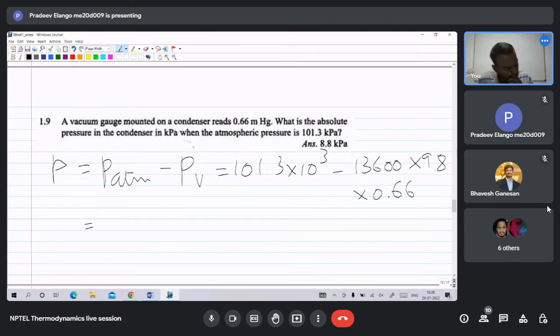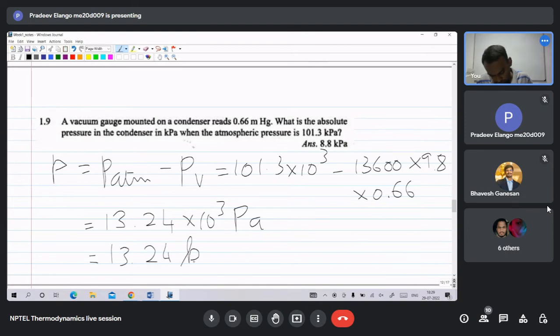So this is 13.24 into 10 power 3 pascals, or 13.24 kilopascal. But I think in the book it is given as 8.8 kilopascal.